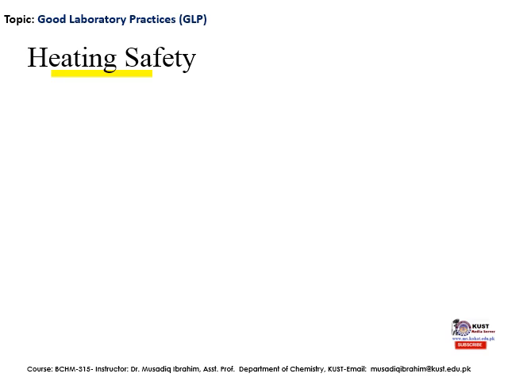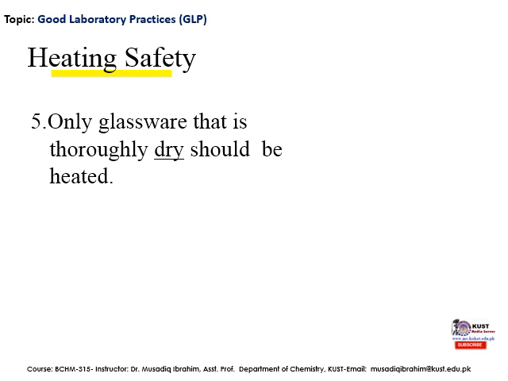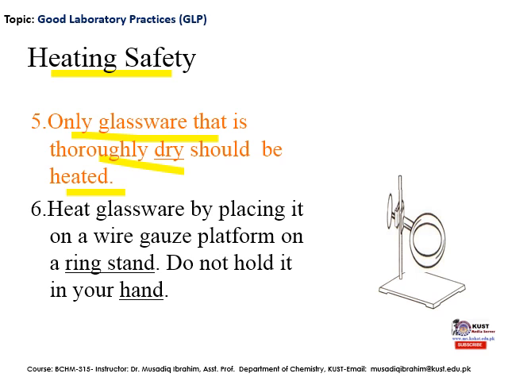Now, heating safety: one of the precautions to be taken as a good laboratory practice is that only glassware that is thoroughly dry should be heated. So when the glassware has been washed and dried in the oven, then you should use it for heating purposes. And also heat glassware by placing it on a wire gauze on a ring stand, and never ever hold it in your hand.